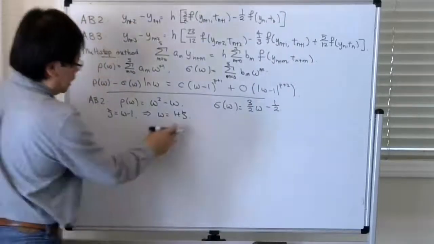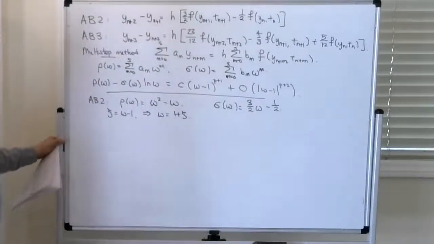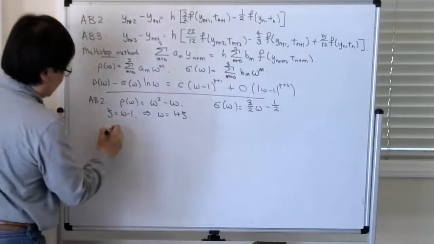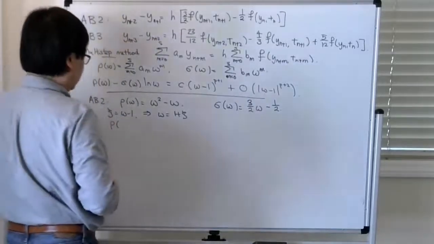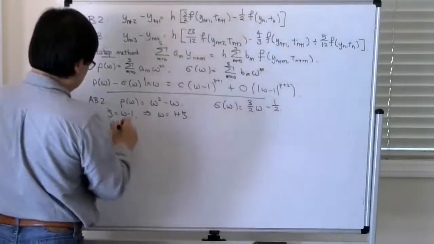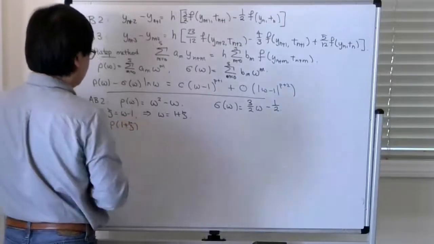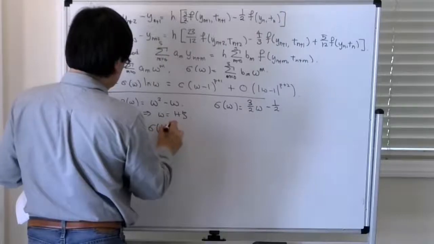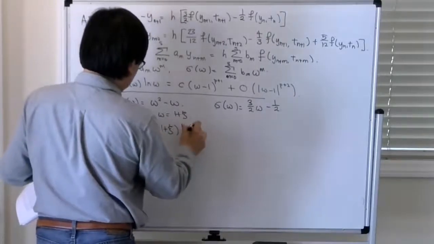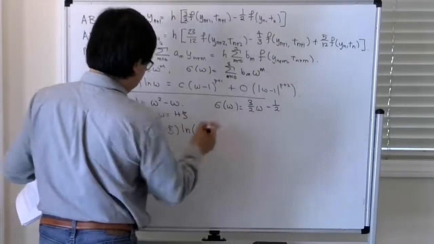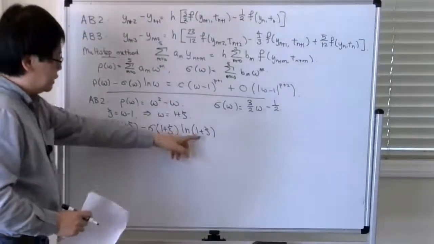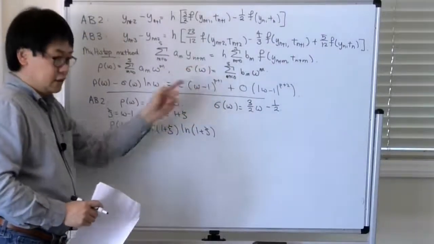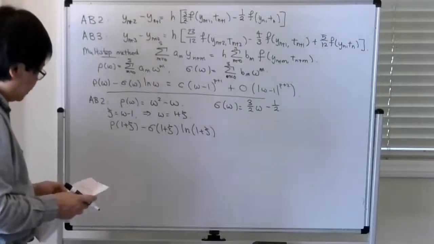So I'm going to look at a series in terms of c instead, and I'm going to write down rho of 1 plus c minus sigma of 1 plus c times the natural log of 1 plus c, and then this is going to be a series expansion in c, which is going to give me the expression which I want.